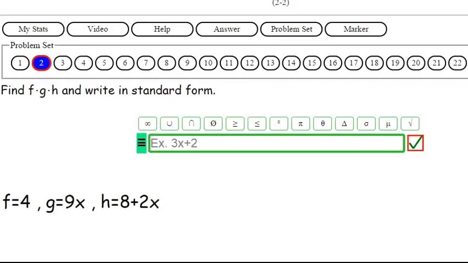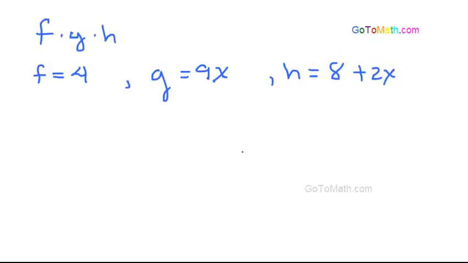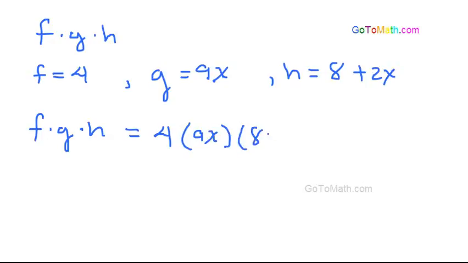Let's see, 8 plus 2x, yeah, 9x and 4. Okay, just making sure. So we want to find f times g times h, and so we're going to have 4 times 9x, and we're going to multiply that by 8 plus 2x. Okay, and so what do we get here? We get 36x.